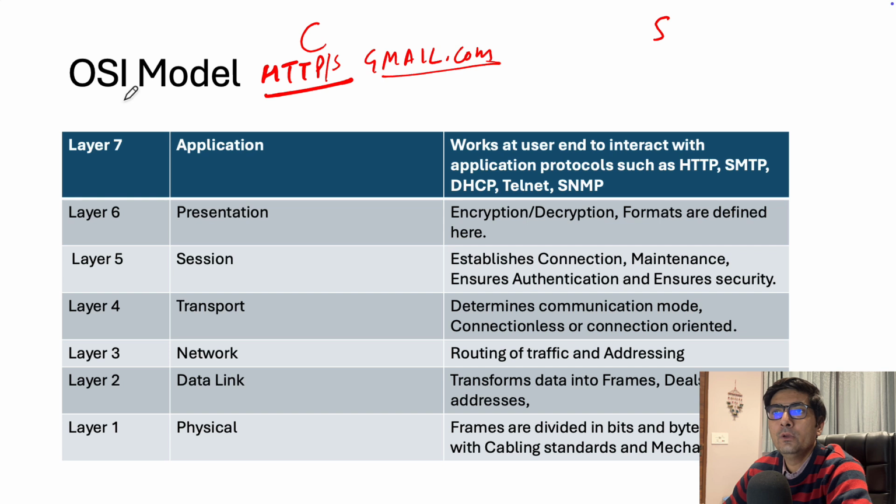Okay, so when the client writes an email and sends it to the server, the traffic flow will happen from top to down. That is from application layer to physical layer.